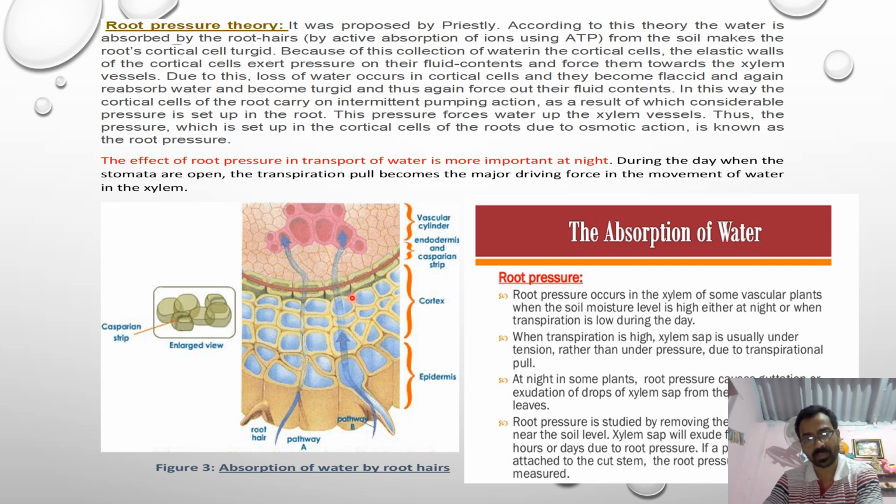You can see in this line, and they reach the xylem element, and once they reach the xylem element, they push the water column forward. And after night, you can see them coming out at the marginal area of the leaf. So this is called the root pressure theory, by which in certain plants water is moving.